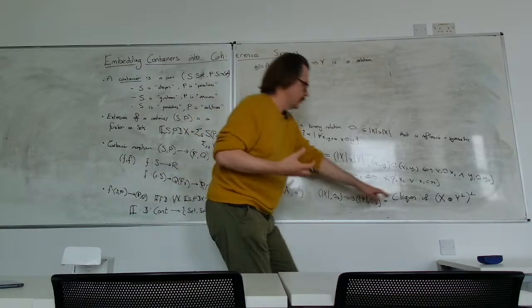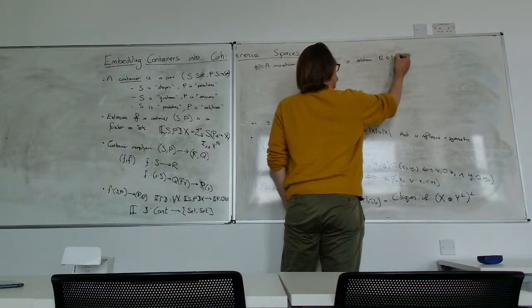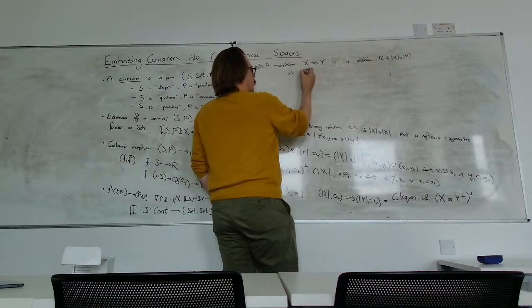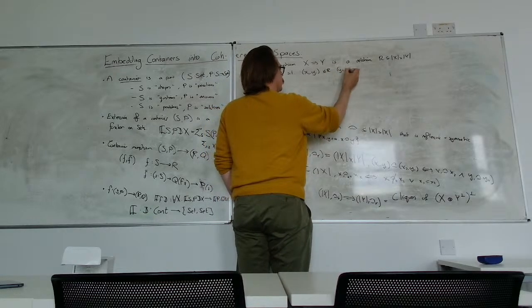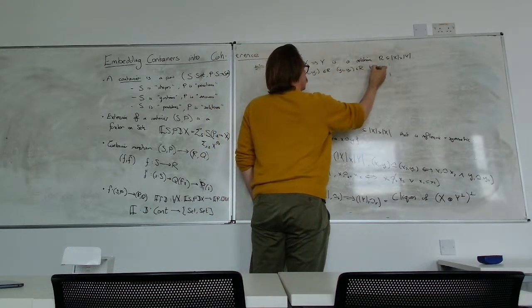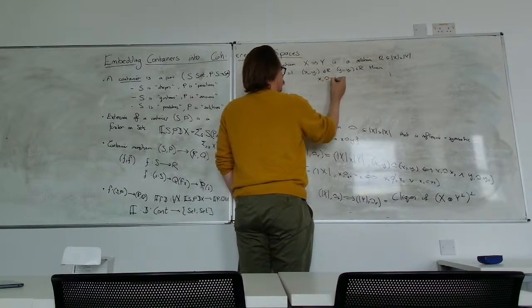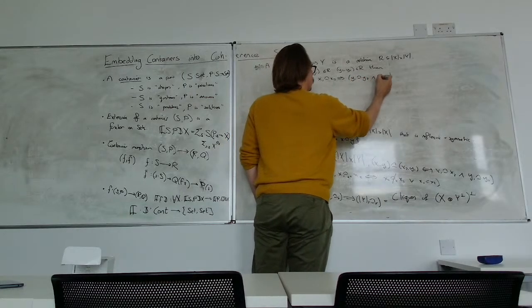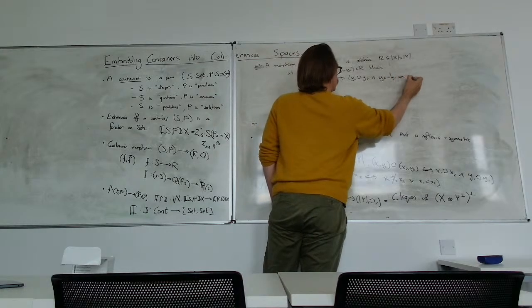The tokens in this are going to be pairs, so it's going to be a relation R in X, Y, such that, and this is the coherence, if we have X1, Y1 in R, and we have X2, Y2 in R, then if X1 is coherent with X2, then Y1 is coherent with Y2, and this is still under the same thing. If the outputs are equal, then the inputs must have been equal.